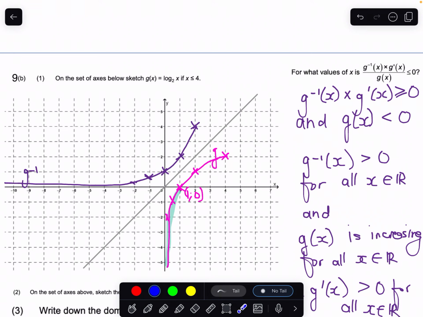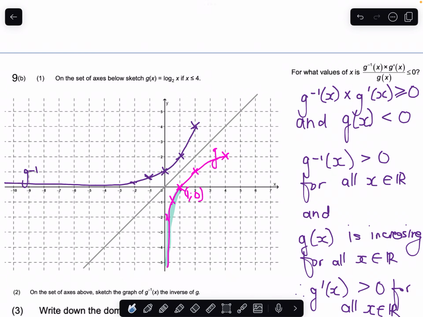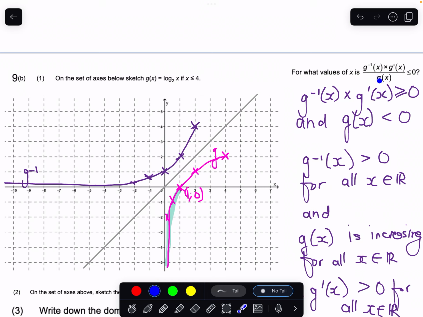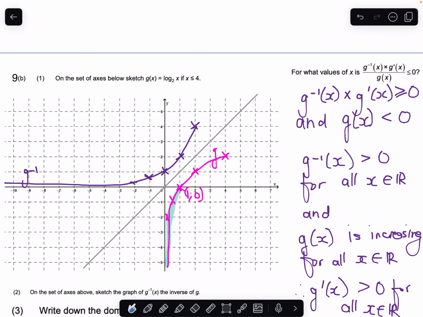So g is increasing all the way, so g prime is also going to be greater than 0 for all x in the domain and beyond, for all real numbers. So what we care about is where this denominator is negative, and that is happening when x is between 0 and 1, but not including the boundaries.